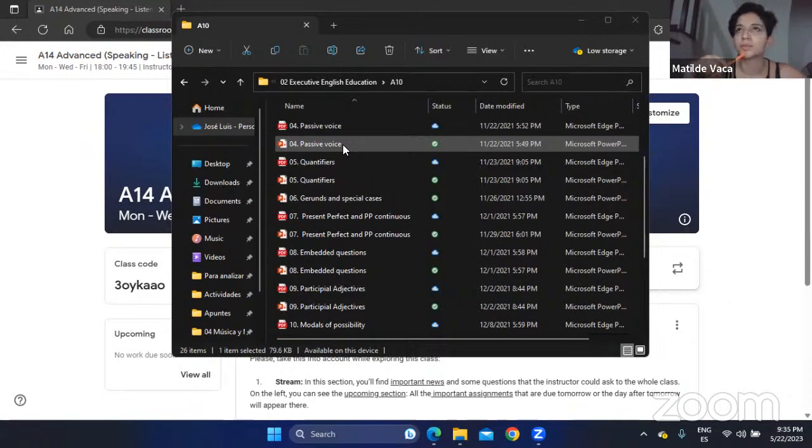Bolivia, a lot of products... Were produced? Correct. Exactly. The only thing that changes in all of the examples that you can have for passive voice is the verb to be, right? So it can be am, is, was, were, has been, have been, will be, can be, could be, and so on and so forth, right?